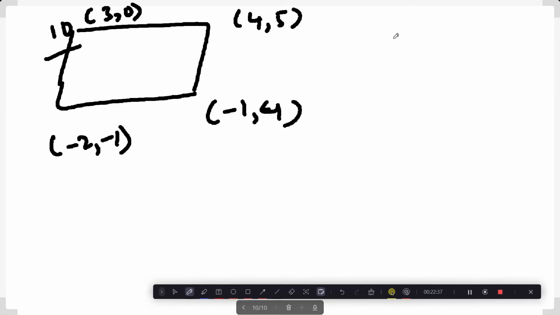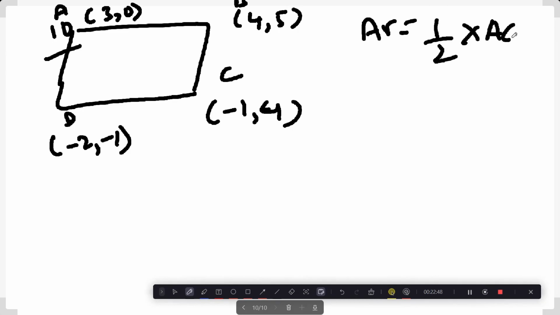Hint, area of a rhombus is equal to half the product of its diagonals, right? So if we look at the diagonals, first find the distance of the diagonals. Area is equal to half AC into BD. So if you find AC and BD, the area will come out. Is there anything new in this? Nothing new. Find the distance between these points. Section formula is not even being used. Do you want me to solve? Do you really want me to solve?